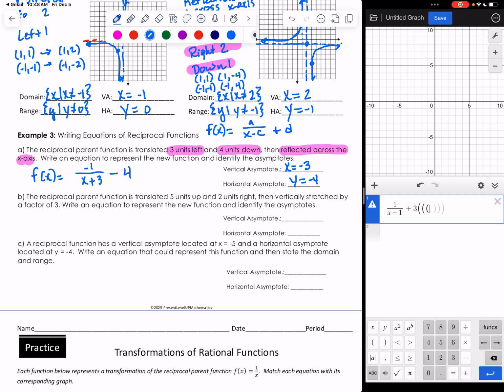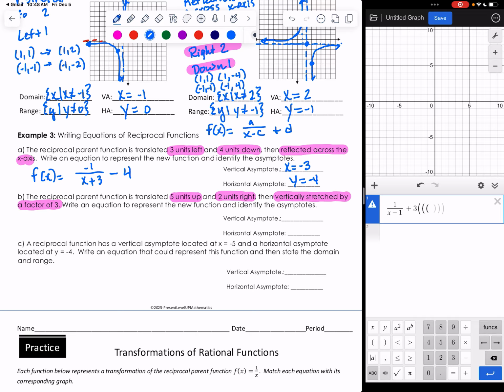All right, in problem B, the reciprocal parent function is translated 5 units up, 2 units right, and vertically stretched by a factor of 3. Write an equation to represent the new function and identify the asymptotes.